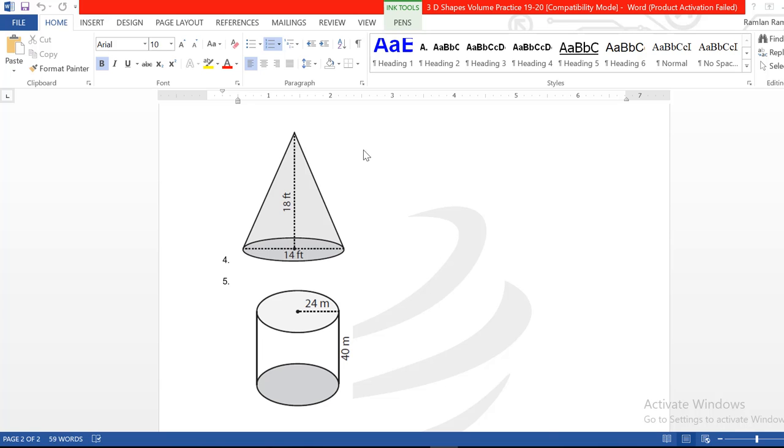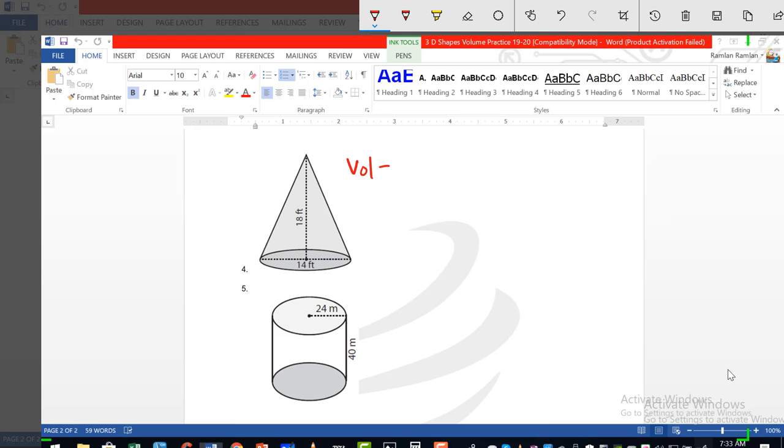So number 4, it's a cone. So it's the same thing as the pyramid. The volume will be equal to 1/3 times the base area times the height. Because the base area is a circle, it's 1/3 times pi times r squared. The 14 here is the diameter. It means that the r, or the radius, is half of 14, which is 7.